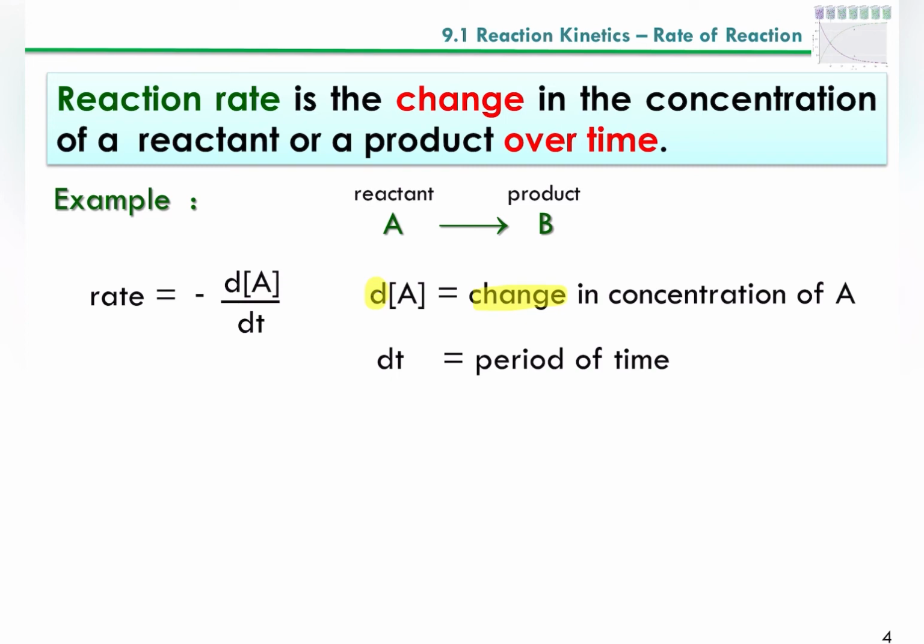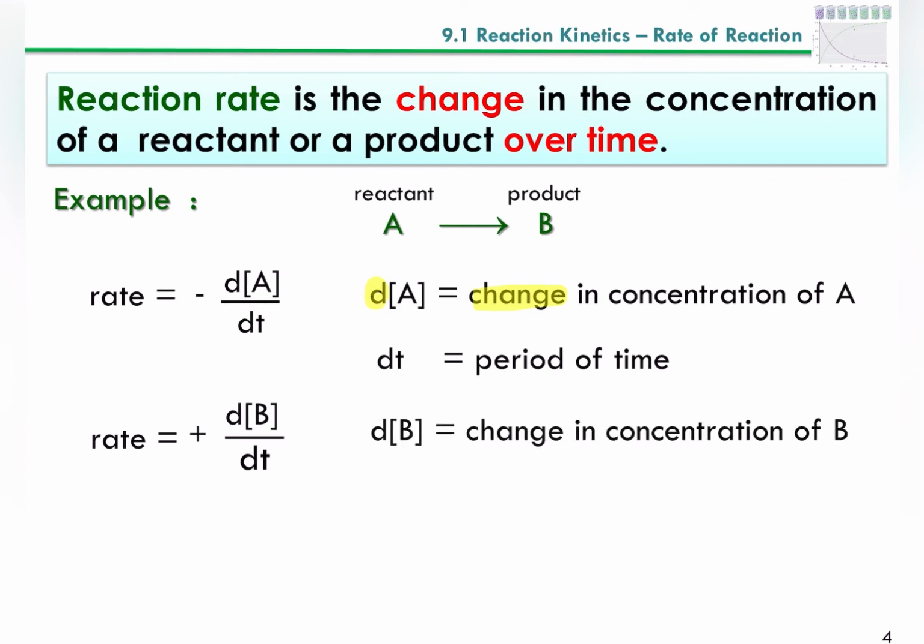So this expression is for the reactant. Let's go to the expression for the product. So I will write my subject, rate equals positive d[B] over dt, just like this one. And as you see here, d[B] is referring to the change in concentration of B.